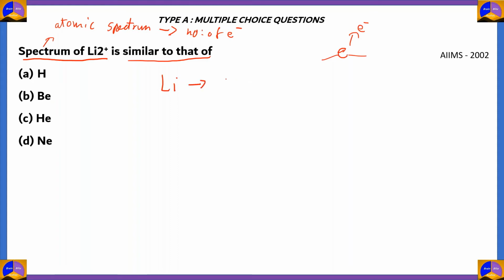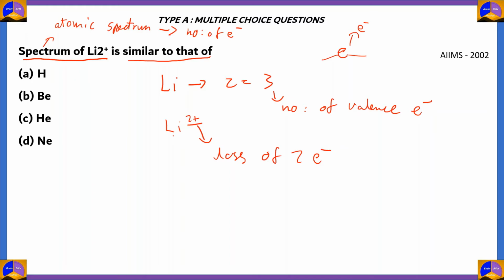Lithium has an atomic number of 3, so there are 3 valence electrons. The charge given is 2+, which indicates a loss of 2 electrons. So Li2+ will have 3 minus 2 electrons, which means Li2+ has 1 electron.